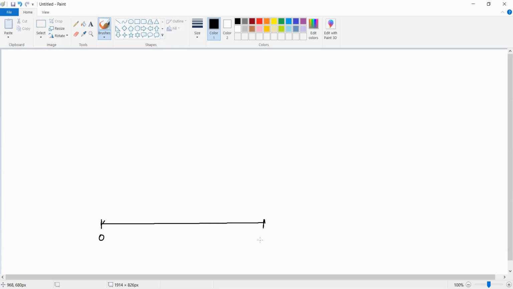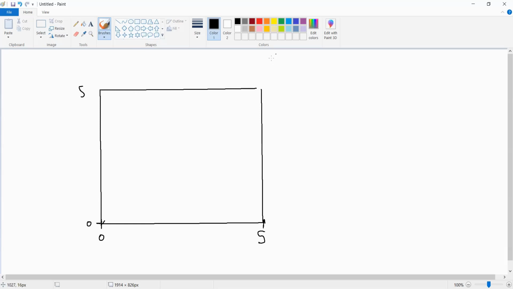Let's say that's a limit big S. On this axis, let's draw that space again, because we want to look at mappings between this interval and itself. And here are the bounds for our space.